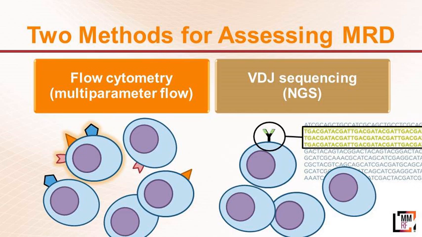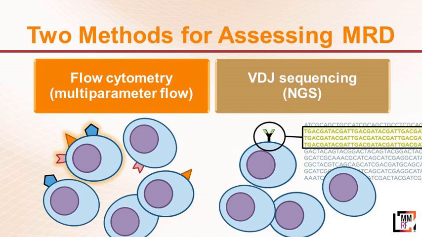And we use something called multi-parameter flow, meaning you're looking for the right combination of markers on the surface of the cell to pick that cell out as the myeloma cell, compared to other cells in the marrow that may have one of those markers but not all of them, or none of those markers.